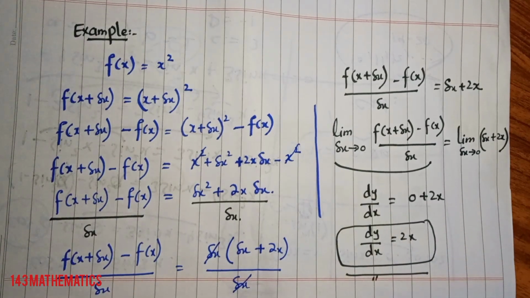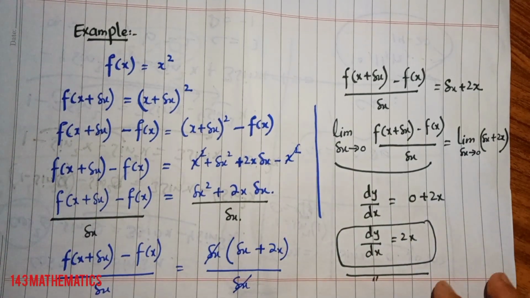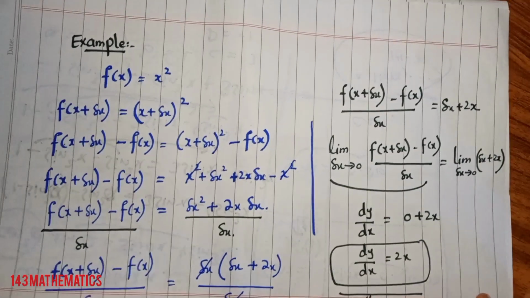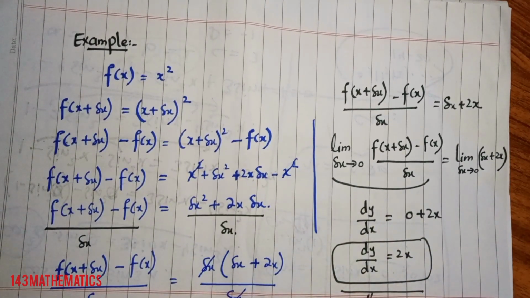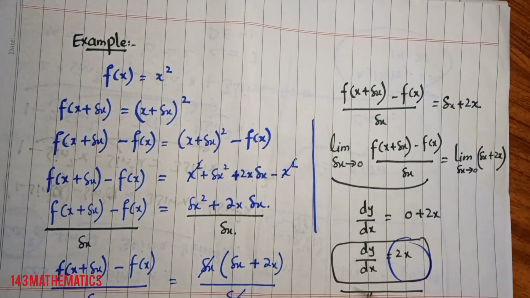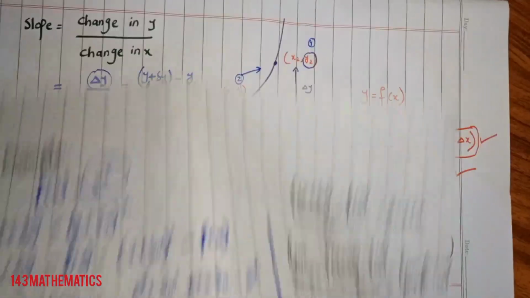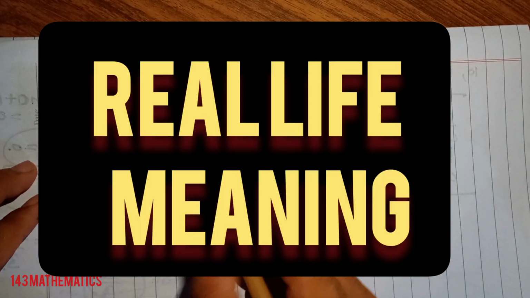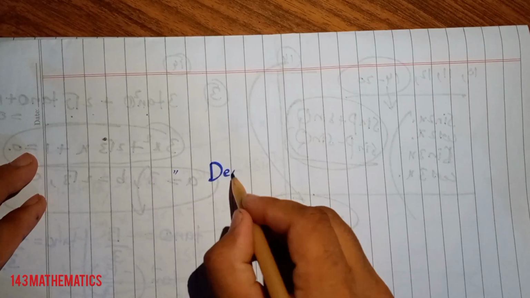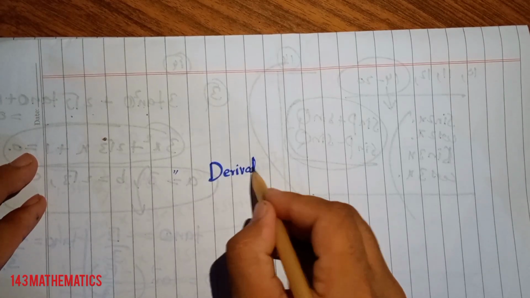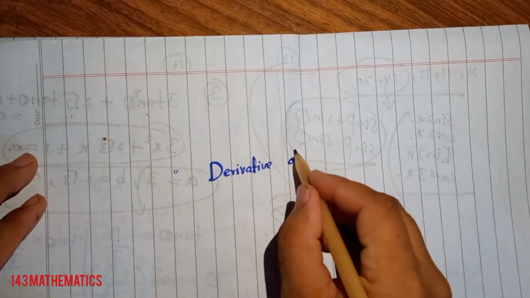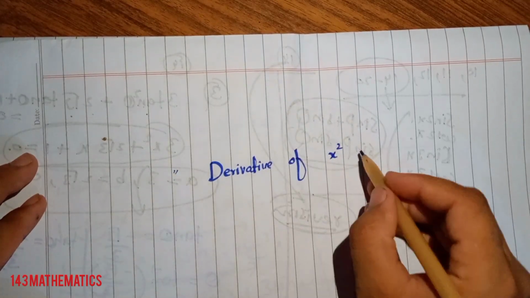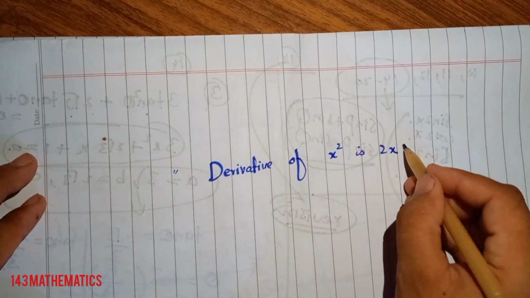This is the most important information at the end: what is the meaning of this 2x for the function x square. So if I write, this is important, the derivative of x square is 2x.